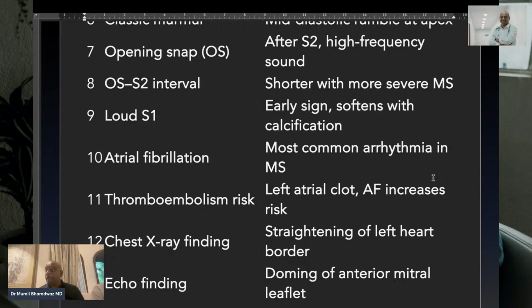The left atrial pressure behind the mitral valve. Suppose the mitral stenosis is very severe, there is more pressure in the left atrium. The moment the aortic valve closes, it will open. That's the reason the shorter the distance between S2 and the opening snap, the higher the left atrial pressure behind the mitral valve, which is an indicator of severity of MS.